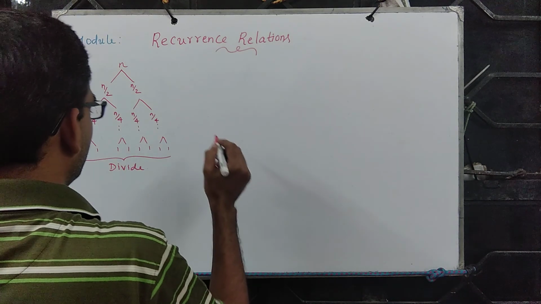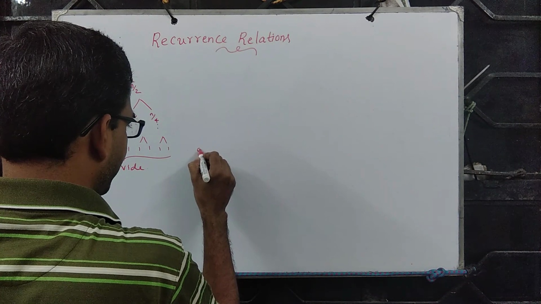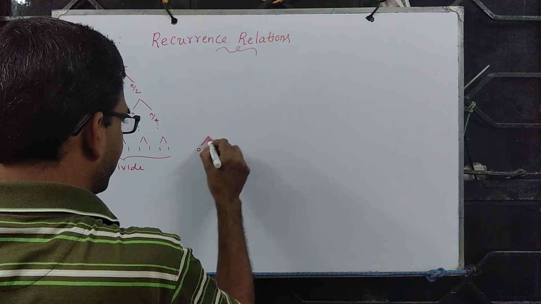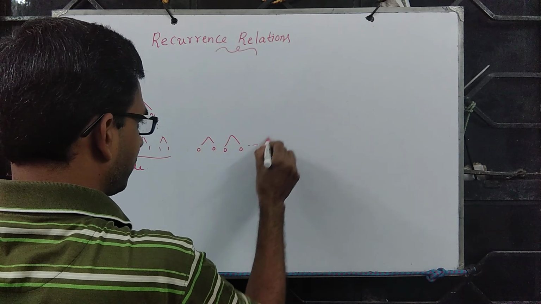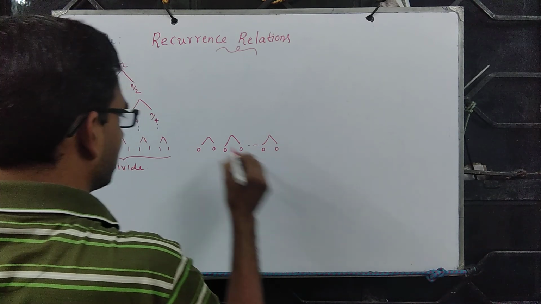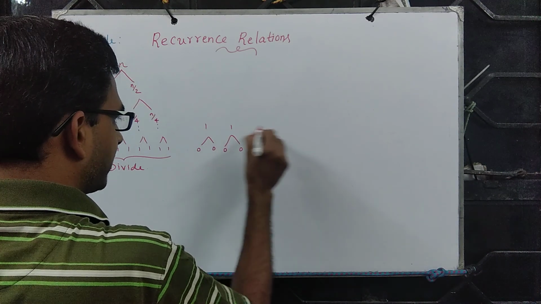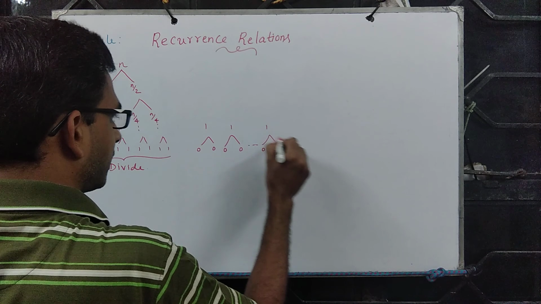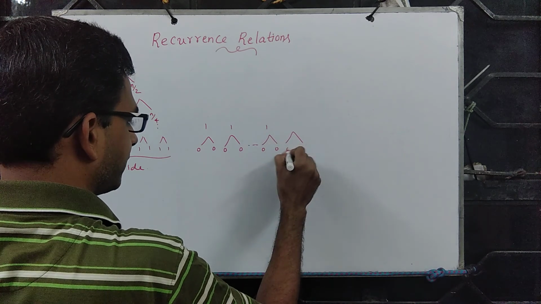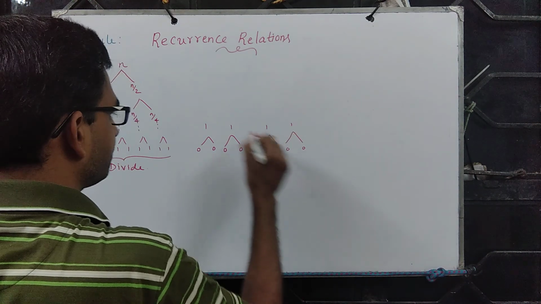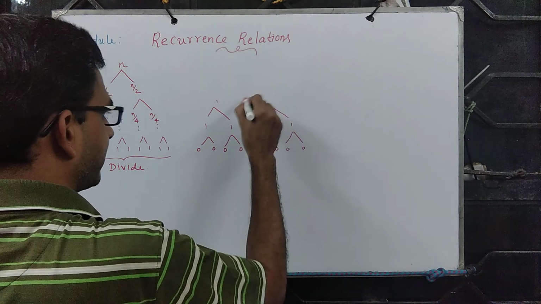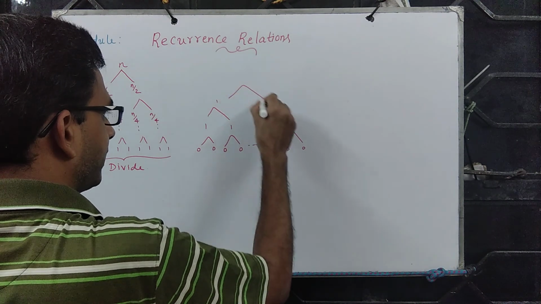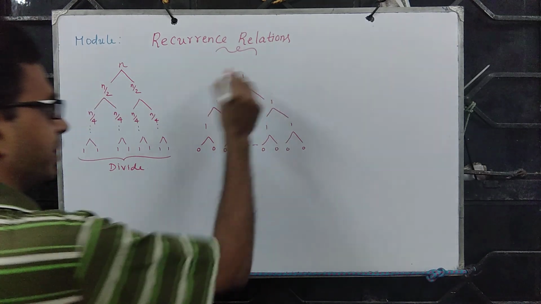As part of conquer, at the leaf level, we don't incur any comparisons. Then we incur one comparison at this place to combine the solutions. Then we incur one more to combine this, one more to combine this, and finally we combine these two to get this.